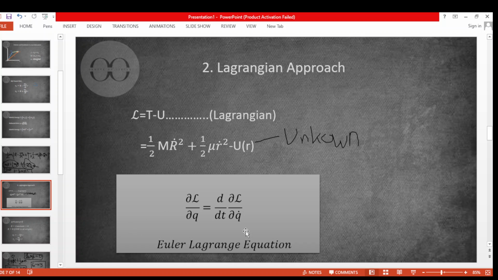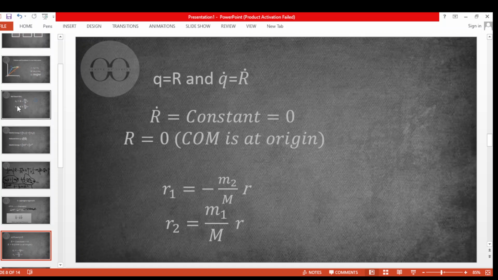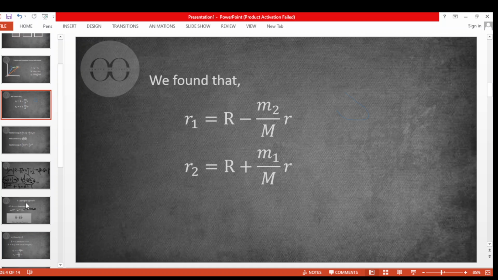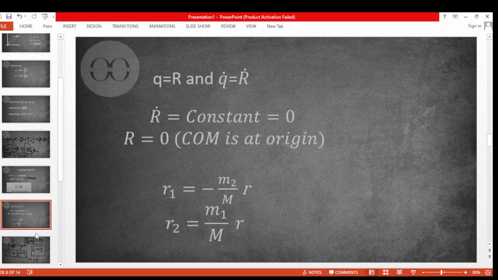Then we solved the Euler-Lagrange equation, and we came to a decision that the time derivative of the position vector of center of mass is a constant, and because of having the freedom of choosing a constant, we chose our constant as 0. That means our center of mass was at origin. And then from the first vector equations from the first topic of today's lecture, we substituted the value of r in these vector equations, and we found the position vectors r1 and r2.